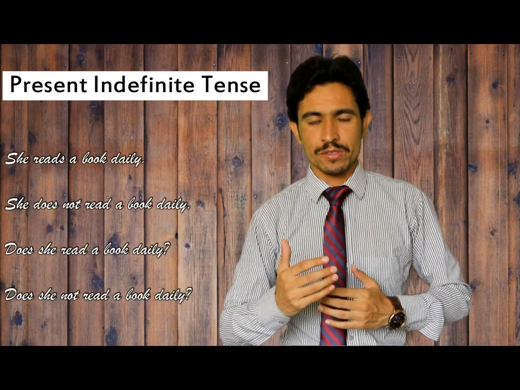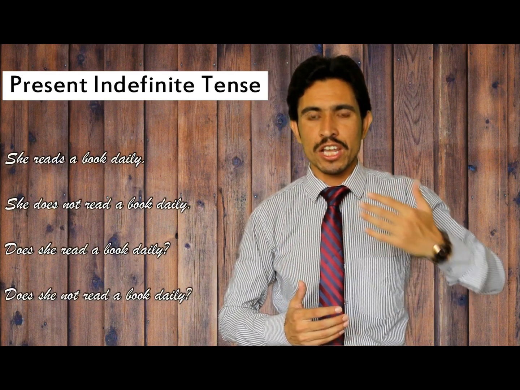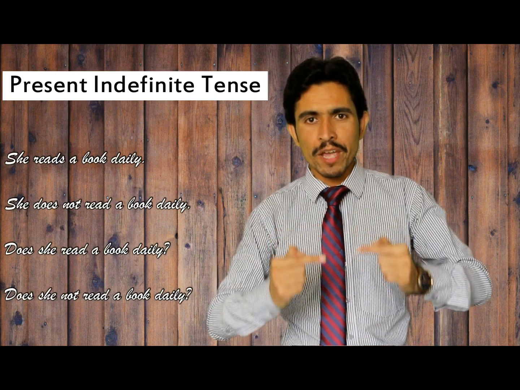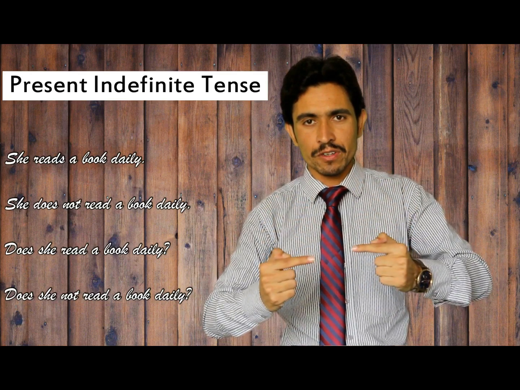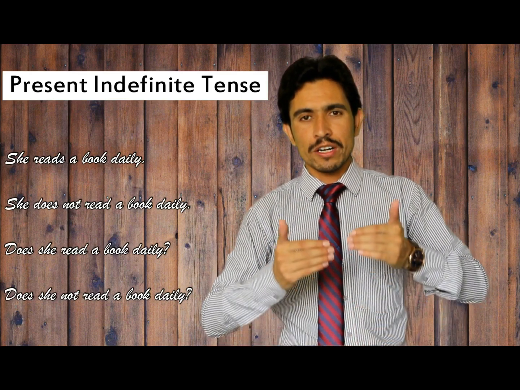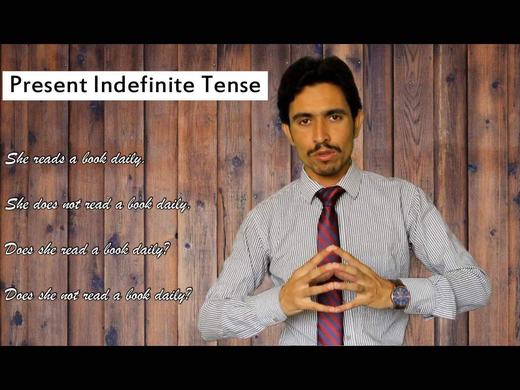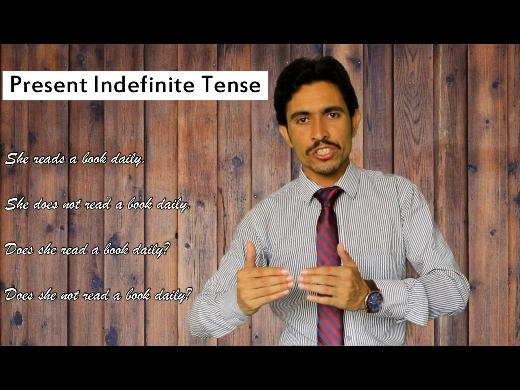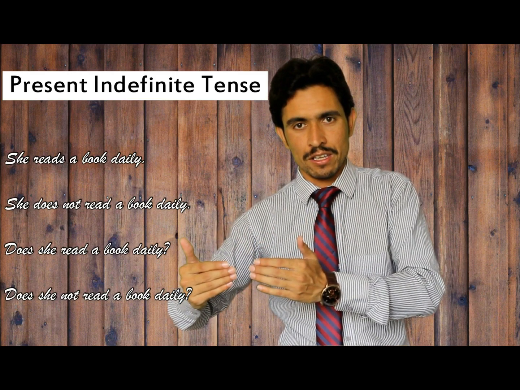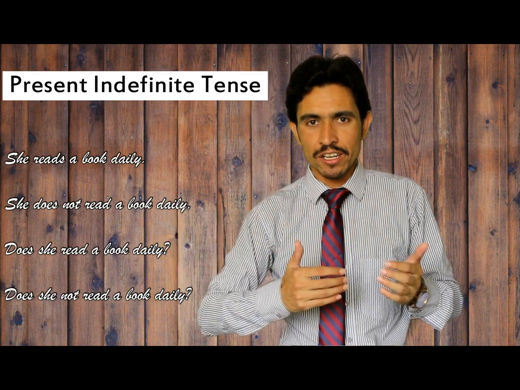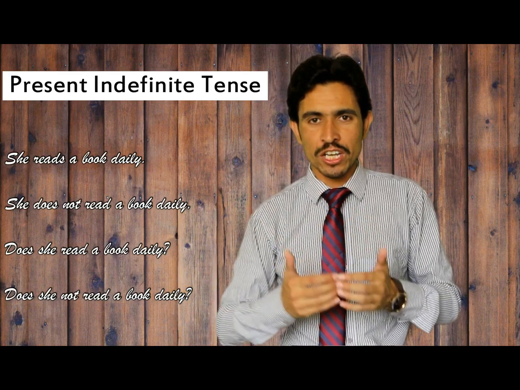This is a positive sentence. She reads a book daily. Now, to make it negative, we put does and do in this sentence. This sentence will be she does not read a book daily. Does she read a book daily? Does she not read a book daily?